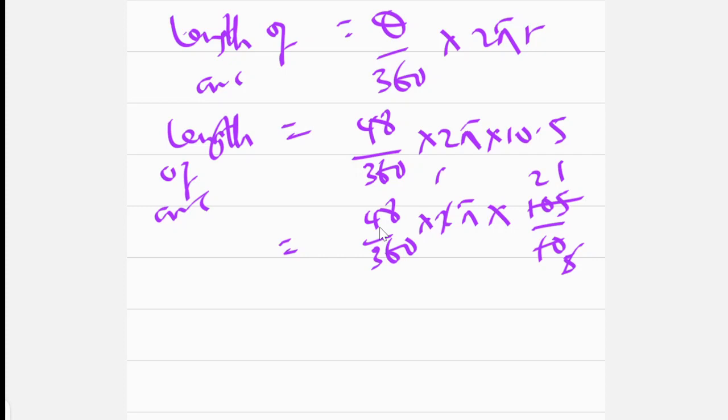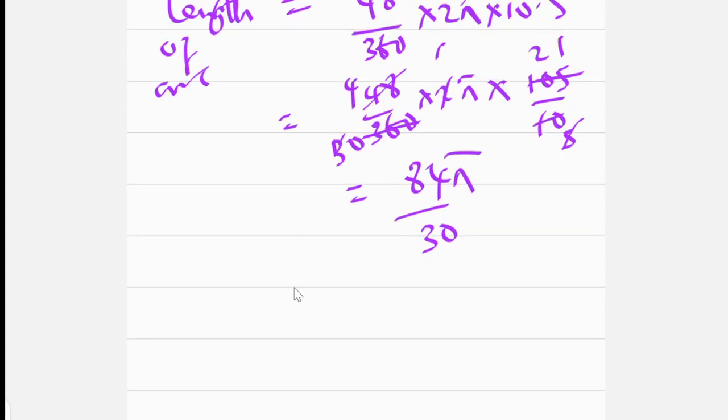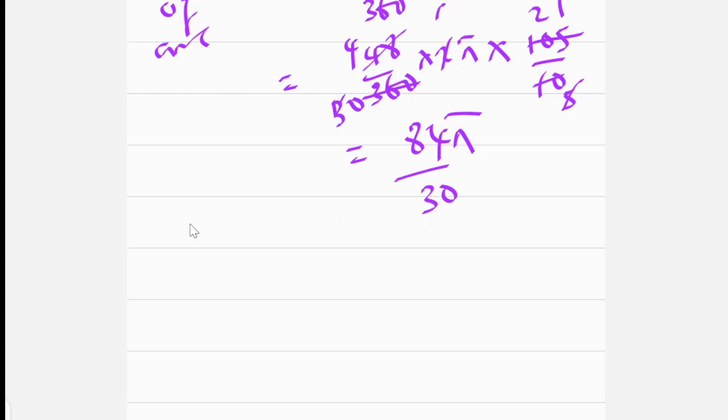I think 12 can go. 12 here is 4, 12 here is 30. Then I have 21 times 4. That is 84 pi over 30. We can leave our answer here since we don't know what we are going to have left.